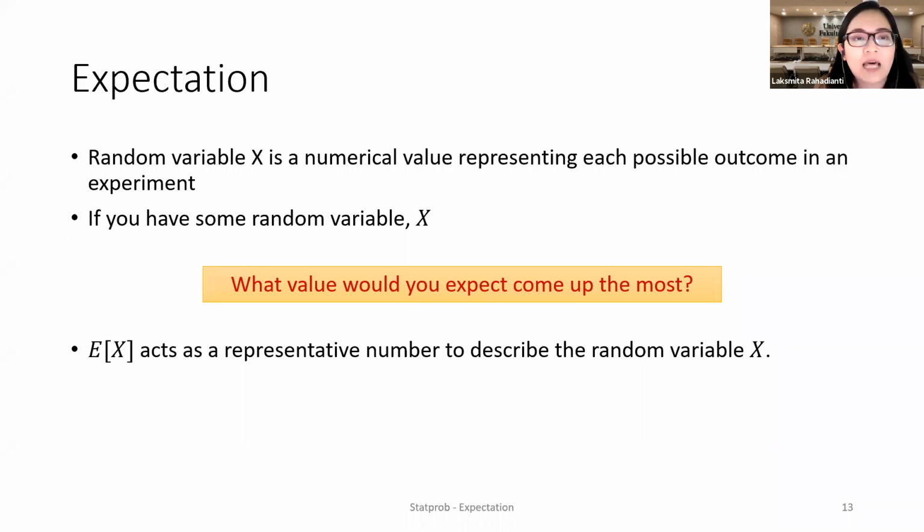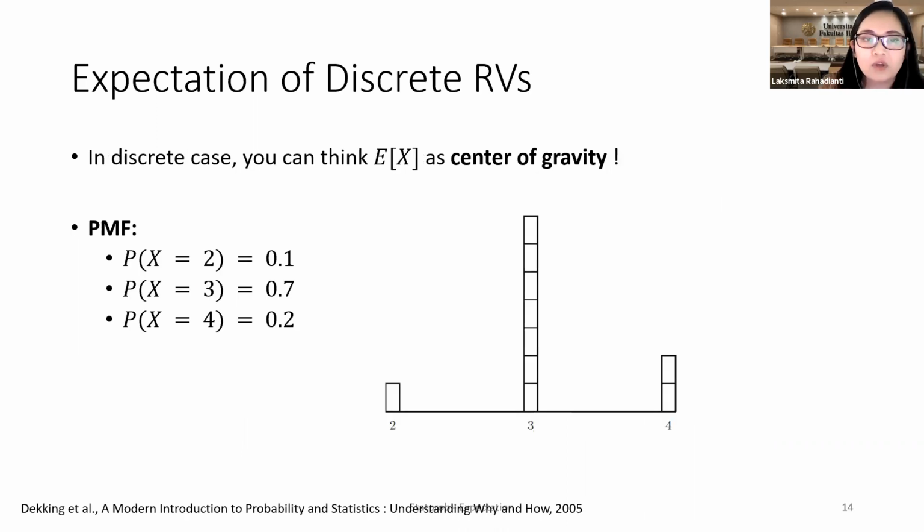Would you assume that the average would be 1? Sorry, that's not possible. Sorry, 2, which is 1 and 1. What would you expect the value to be? And that is the representative number that you usually go to in your head when you talk about that random variable X.